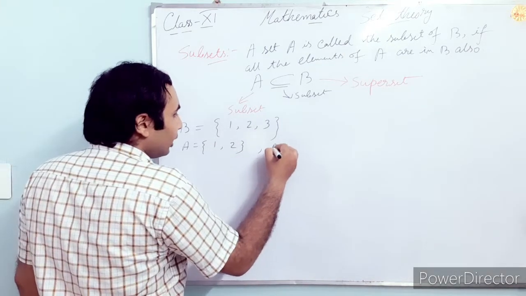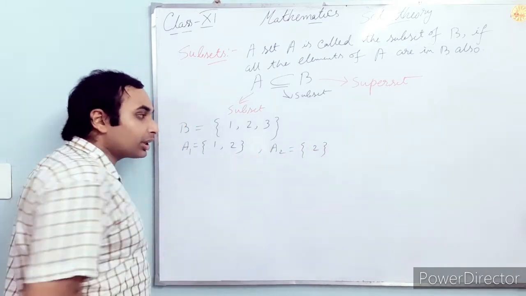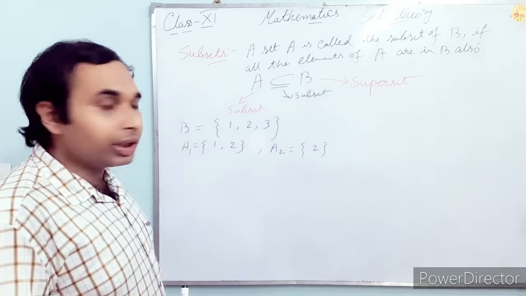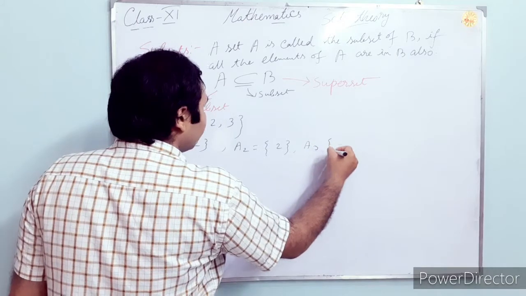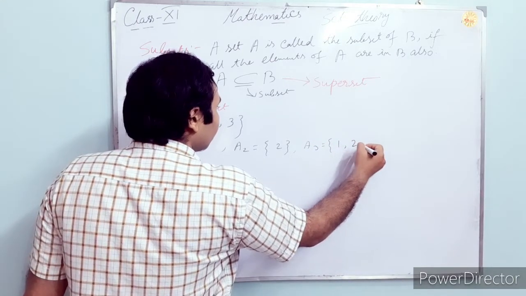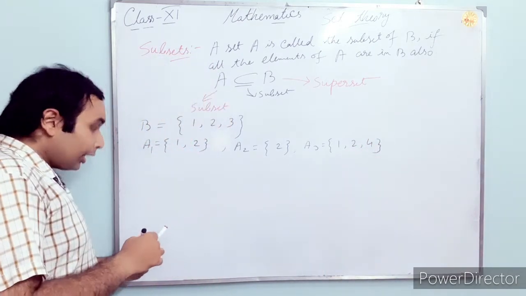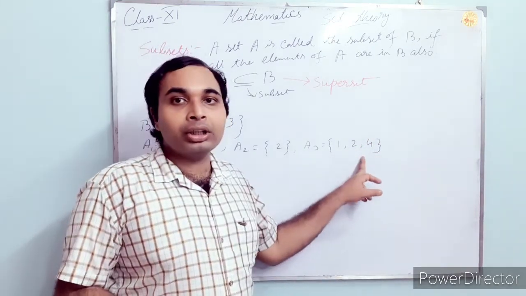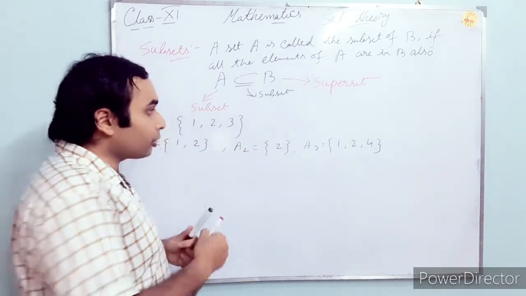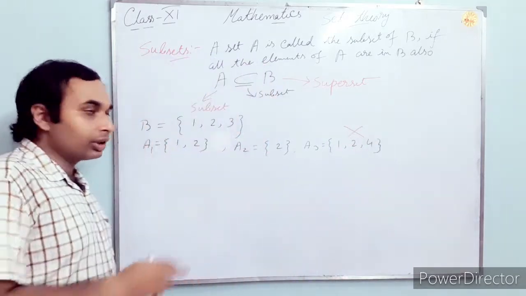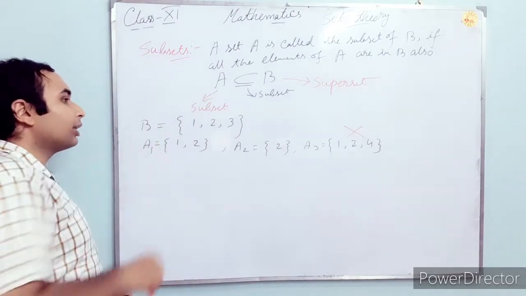If I write A2 equals to {2}, this is a singleton set and this singleton set is in B also. If I write A3 equals to {1, 2, 4}, here just see those 1 and 2 are in this set, but this 4 is not in this set. That's why this is not the subset. Those are the subsets, but this is not the subset of this set B.